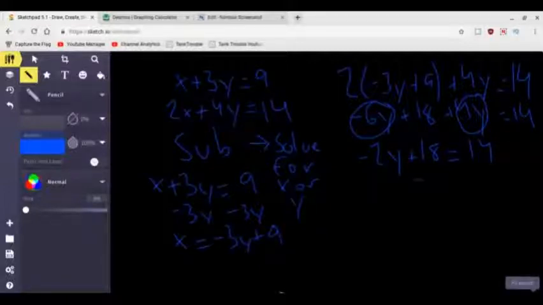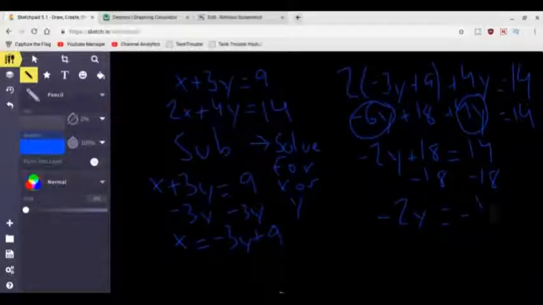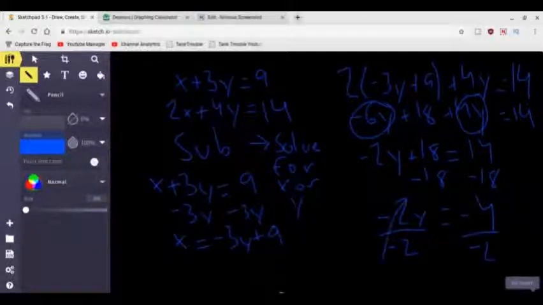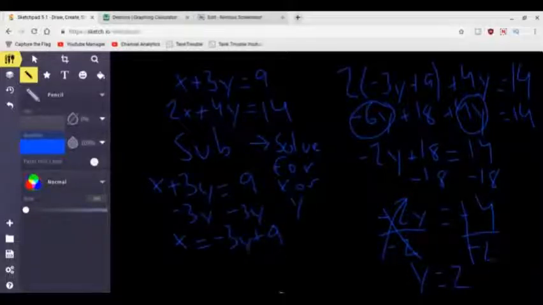Now, if you subtract 18 from both sides, you get negative 2y equals negative 4. Now, all you gotta do now is divide by negative 2. These two cancel. You're left with just y equals negative 4 over negative 2. The negatives cancel. 4 over 2 is 2. So in this way, you can figure out that y equals 2.